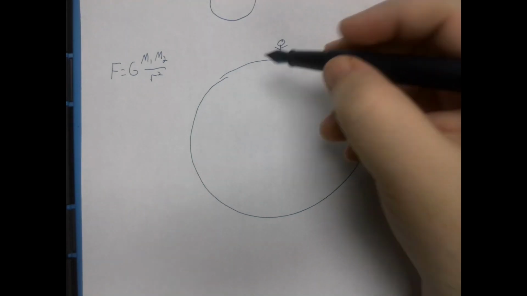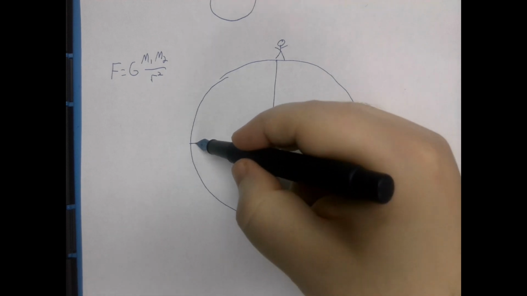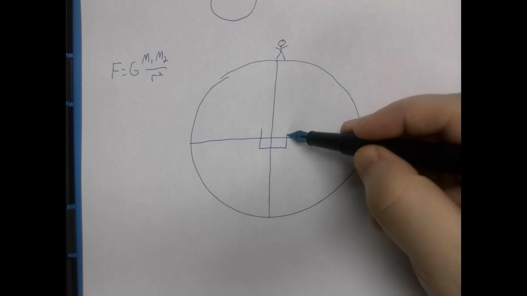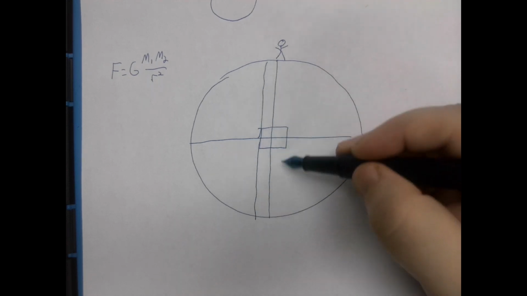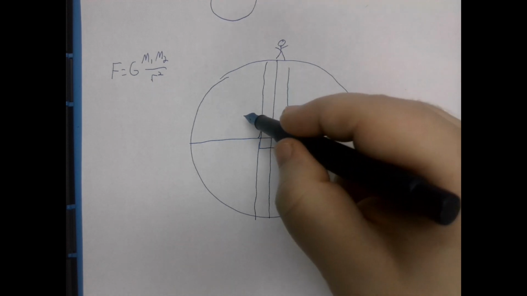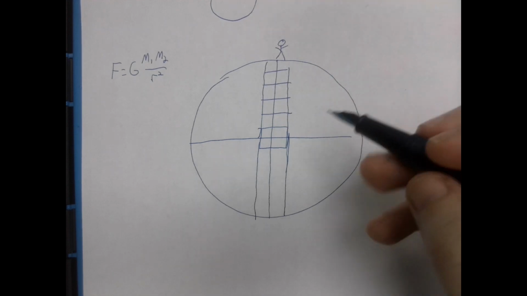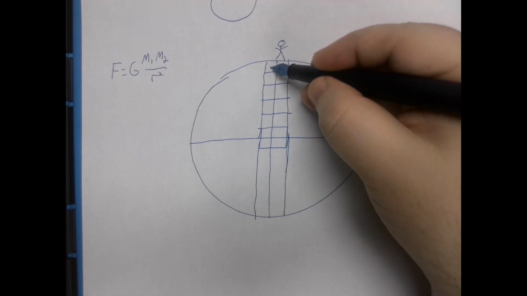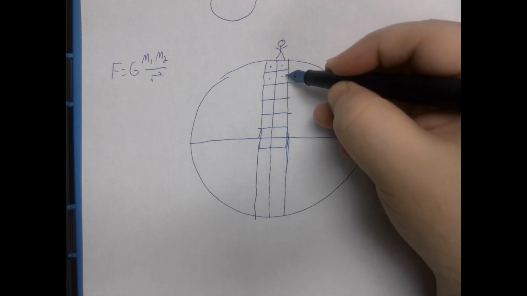If we were to break this up into little tiny cubes, so each cube, we treat each one as just a single point.